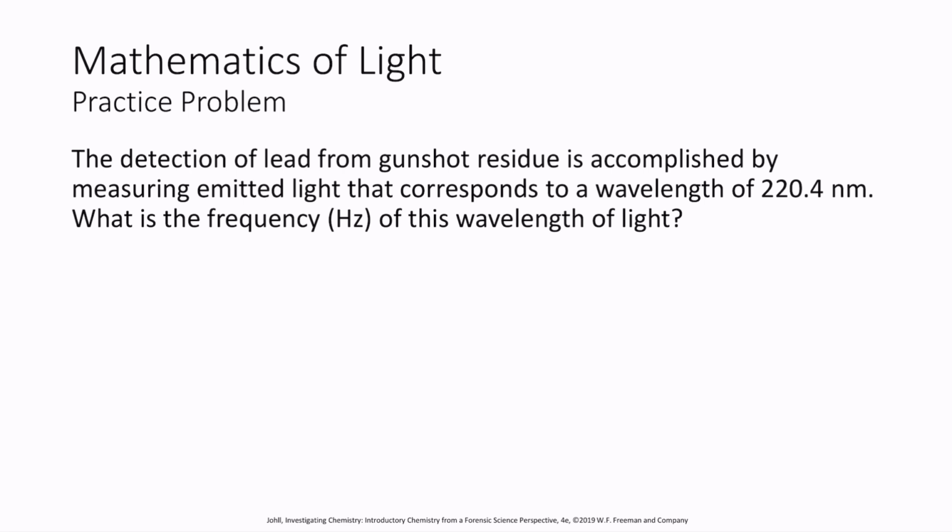So let's look at an example of how we can use that equation. The detection of lead from a gunshot residue is accomplished by measuring emitted light that corresponds to a wavelength of 220.4 nanometers. So this is going to be my wavelength.